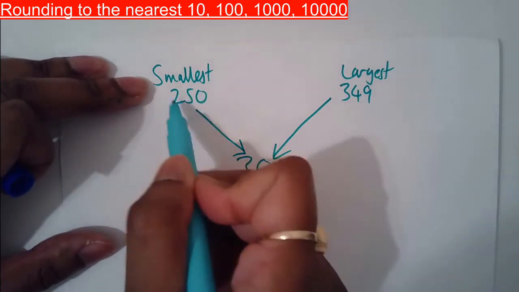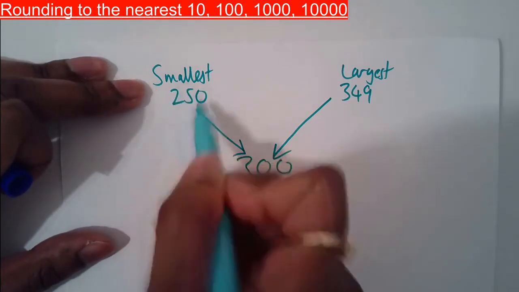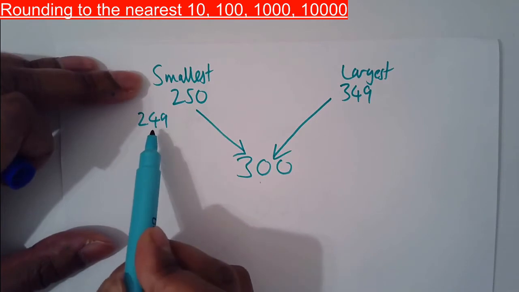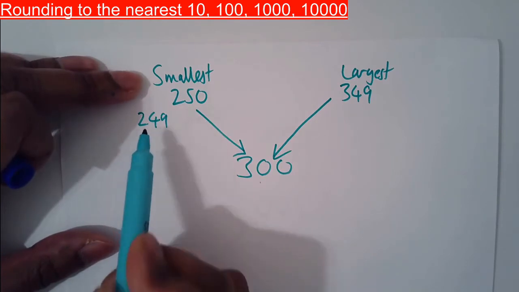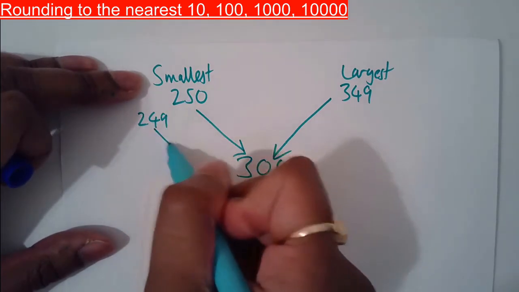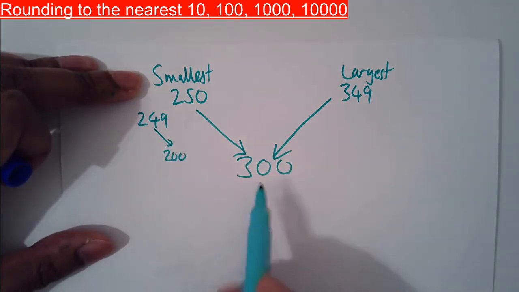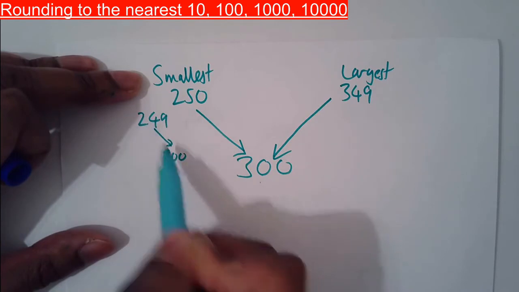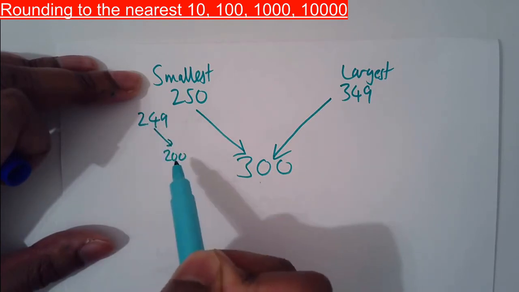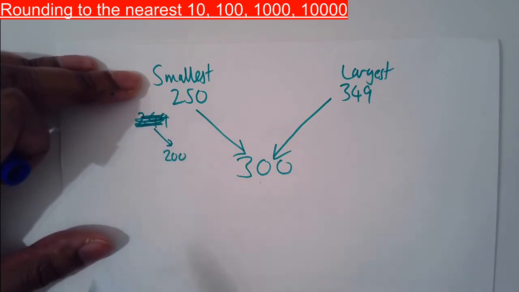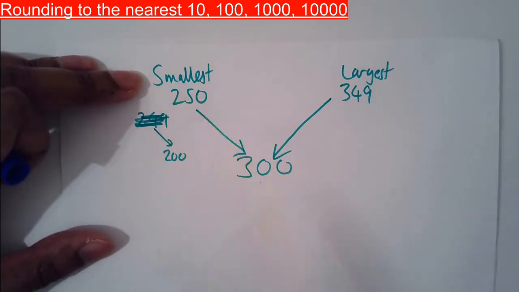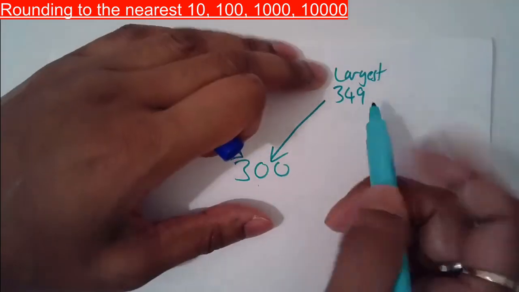But if we chose a number even smaller than that, like 249, 249 rounded to the nearest 100 actually gives you 200, not 300. So 249 is too small because that will round to 200, not 300. But 250 rounded to the nearest 100 does give you 300. And the largest number I said is that one.